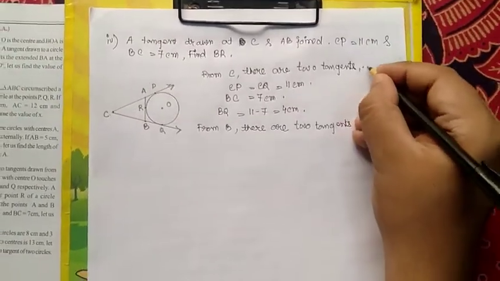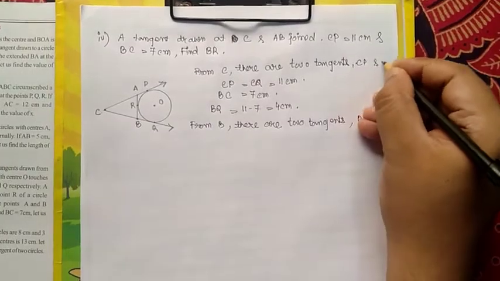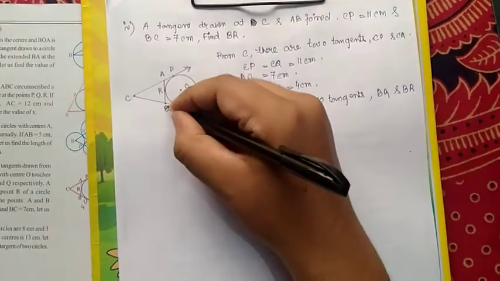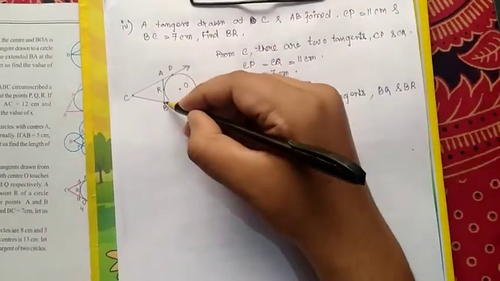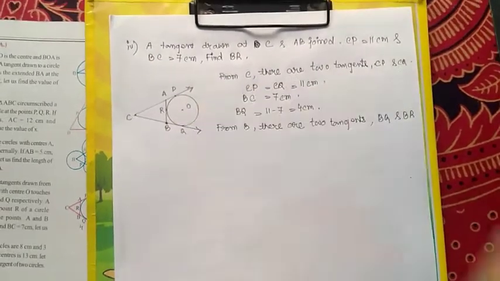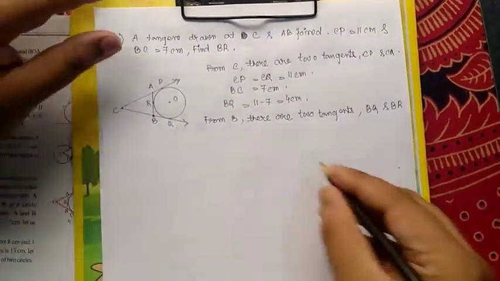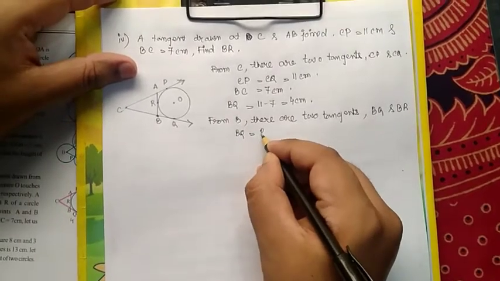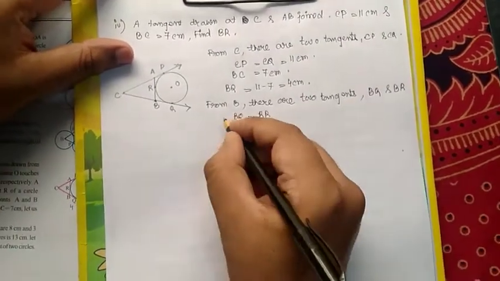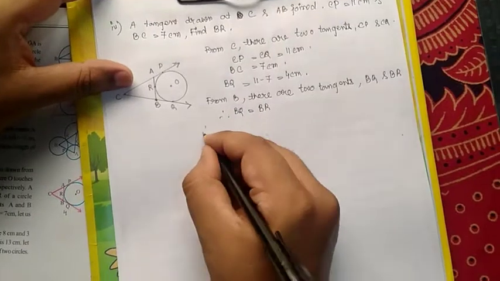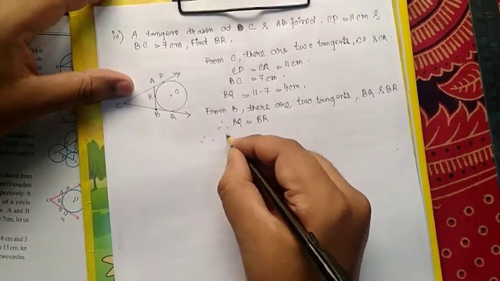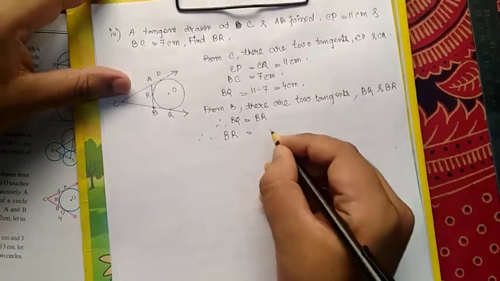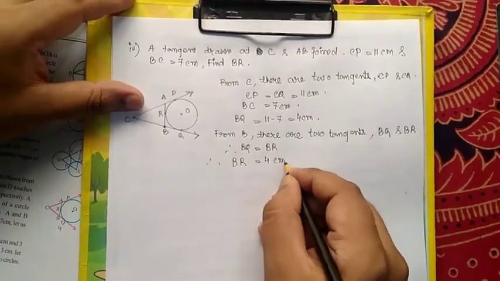So the length of the BQ and BR is equal. So therefore BQ equal to BR. So therefore we can say that BR equal to 4 centimeter.